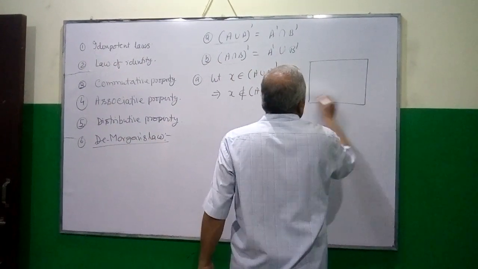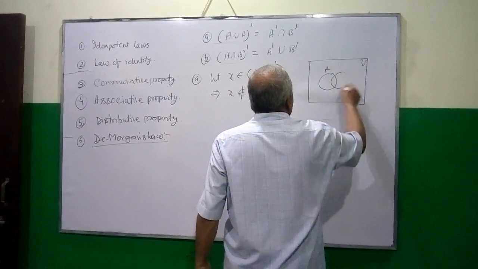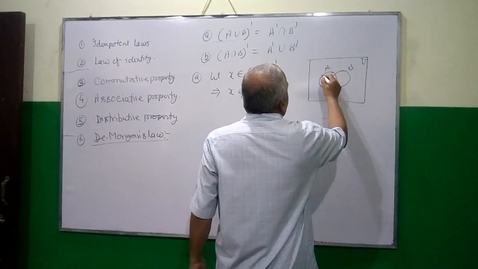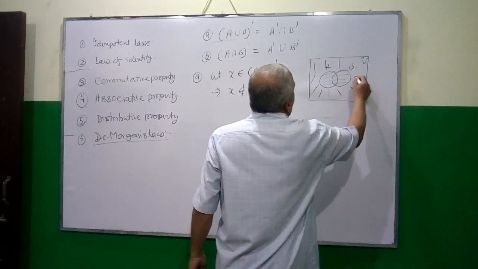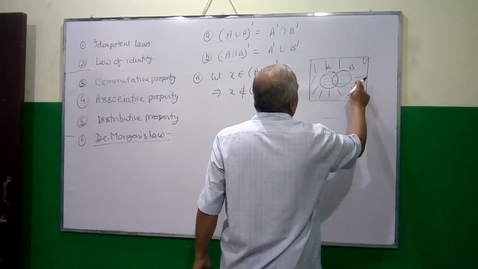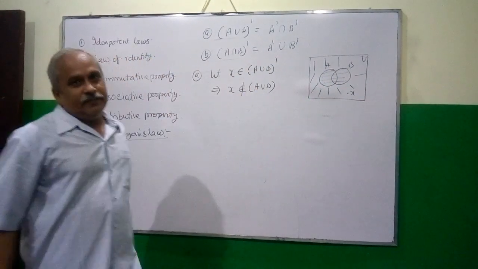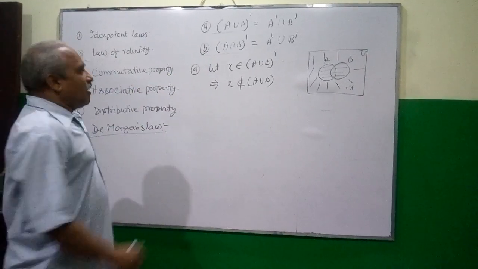Suppose here is the universal set, here is A and here is B. This portion is A union B and this outside portion is (A union B) complement. If x belongs to (A union B) complement, x will not belong to A union B. It comes from the concept of complement.